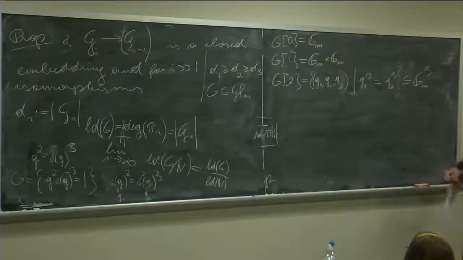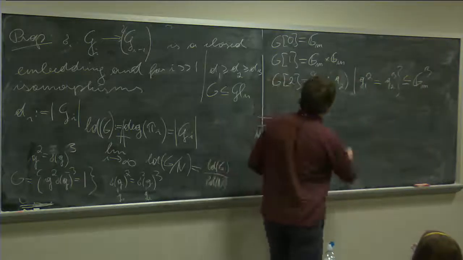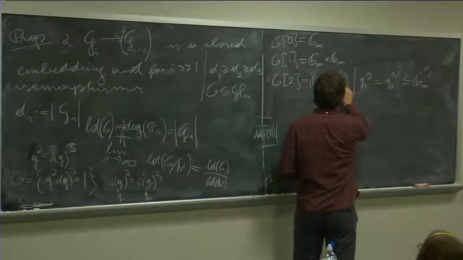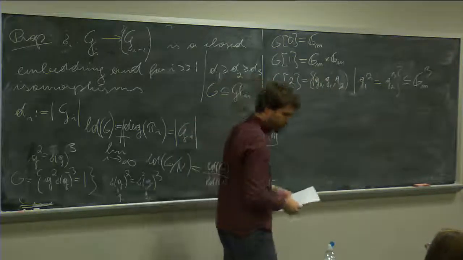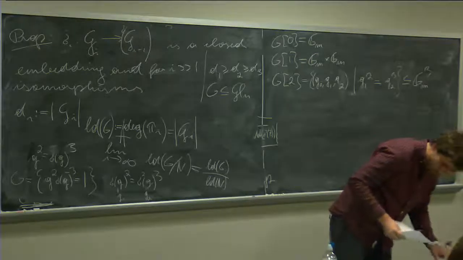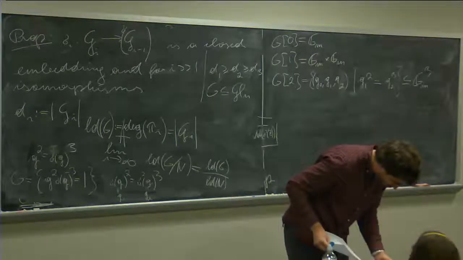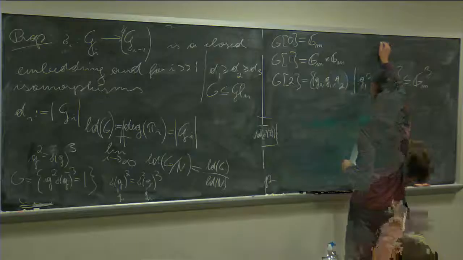Okay, so the pi's are just the projections onto the first factors, right? Let's look at G1 to G0. Do you want to do G0, we'll have infinite kernel.